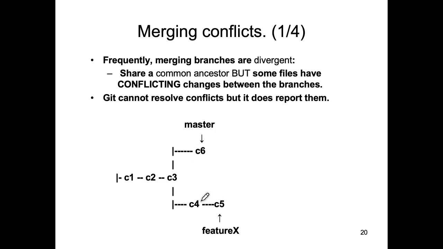And so that's what we mean by conflicting changes. Clearly, Git doesn't know anything about source code, so it can't resolve those conflicts, but it will tell you where they occur in the actual files, and we'll see how it does that in a moment. The conflicts are when you've got edits to the same files on diverging branches.